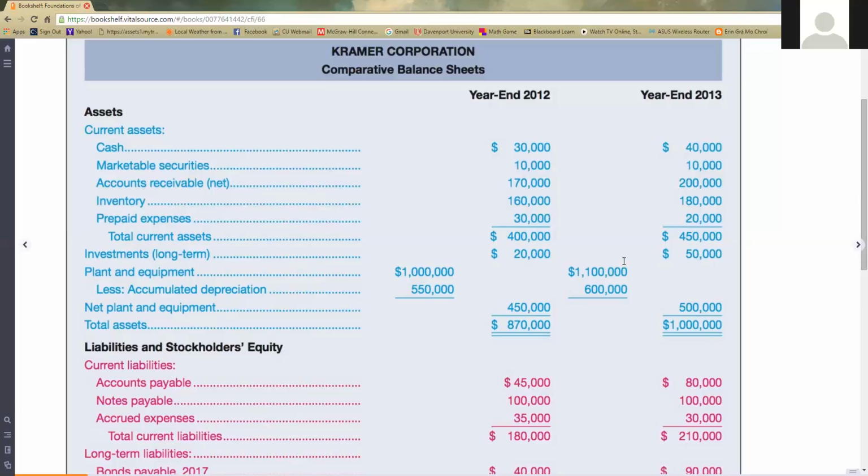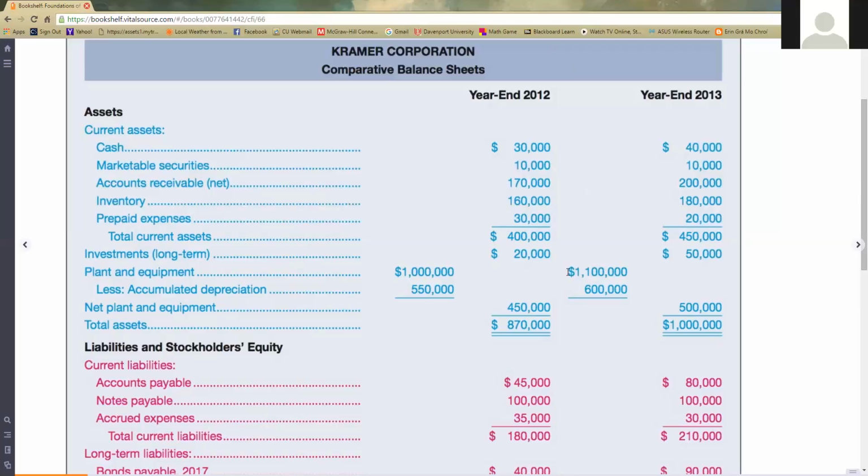Then jumping over to this category, it's hard to see, but 2013 is really these two columns and 2012 is really these two columns. But because they're going to subtract these two numbers, they push them off to the side to show that they're subtracting them and then to show you the subtotal. So 1.1 million minus 600,000 makes 500,000. And that's going to get added with all these other ones.